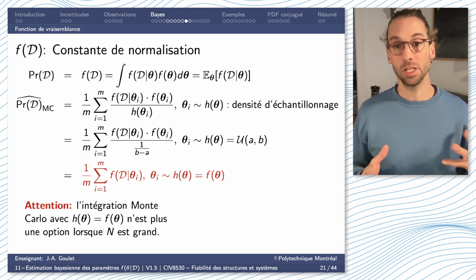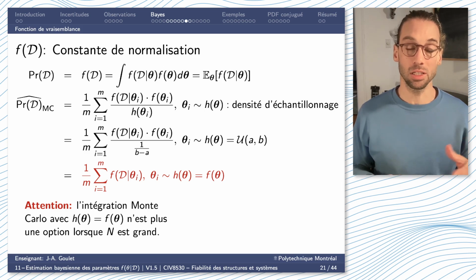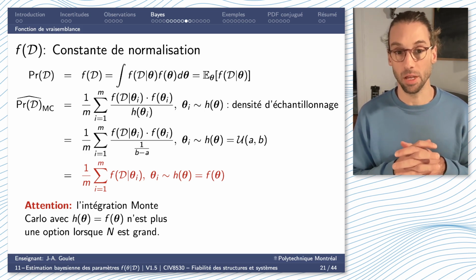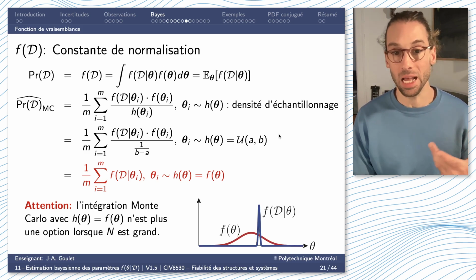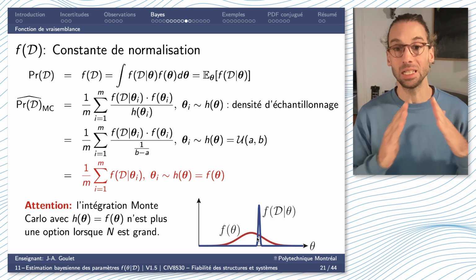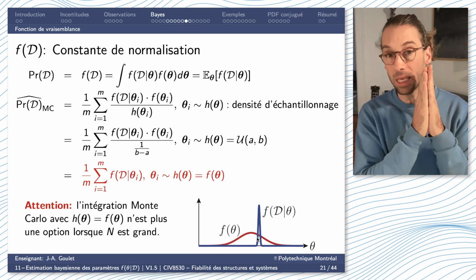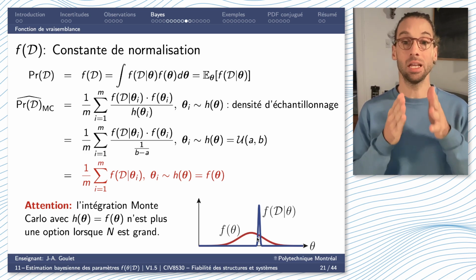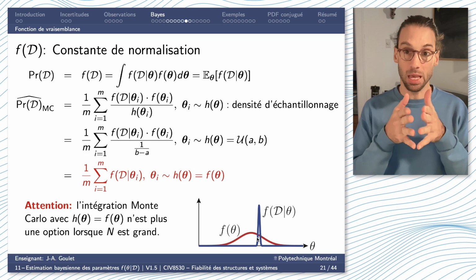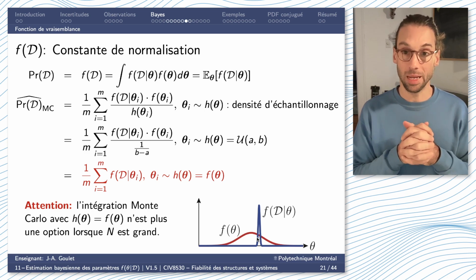But be careful, this procedure is simple. However, it's only going to work in a small number of dimensions because when we have a large number of dimensions, our likelihood will look increasingly peaked. And the more peaked it is, the more the information content is located in a very narrow space in our domain theta.